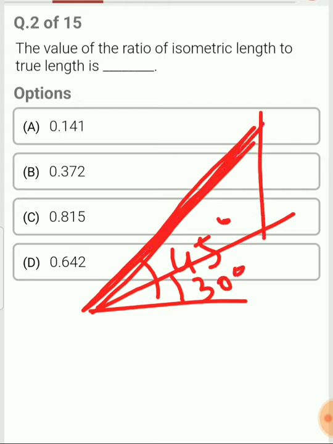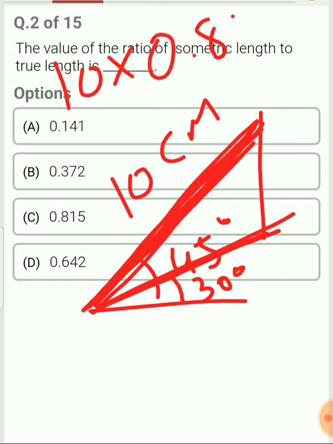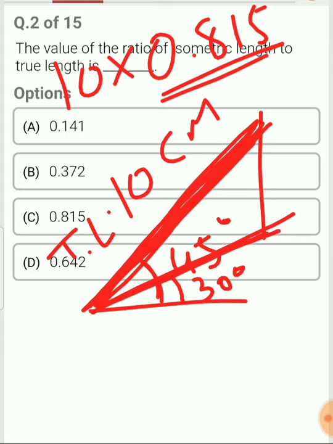So let's say that the measurement of a line which is at 45 degrees is 10 centimeter, then the measurement of the same 10 centimeter line at 30 degrees will have length equal to 10 centimeter into 0.815. Okay, so this is the factor by which your length which is at 45 degrees is reduced. So the length which is at 45 degrees is called the true length, and the length which is at an angle of 30 degrees with respect to the horizontal is called the isometric length.